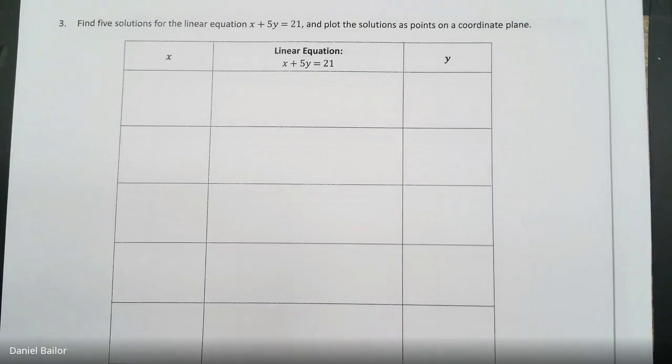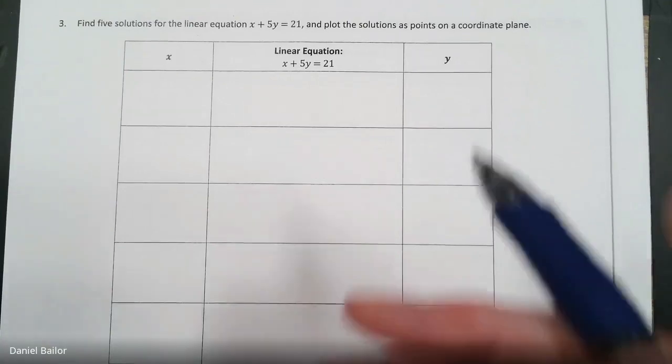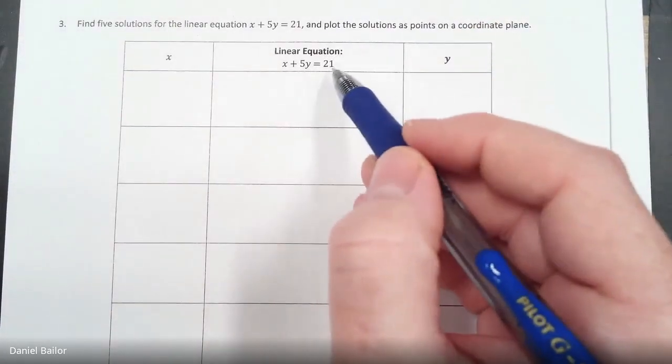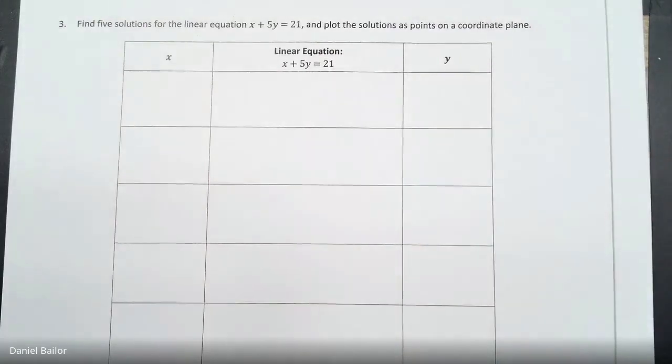So when I'm looking at this, I see x plus 5y equals 21, so I want it to be pretty easy. So what I really want to do is think, okay, what can make this easy? What should I start with?